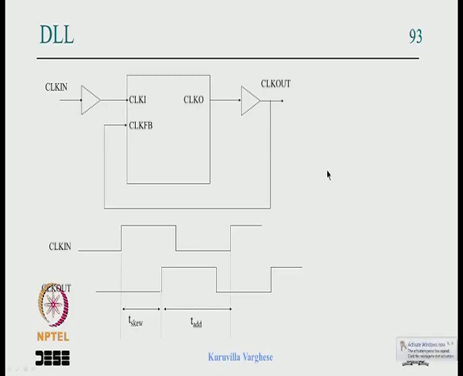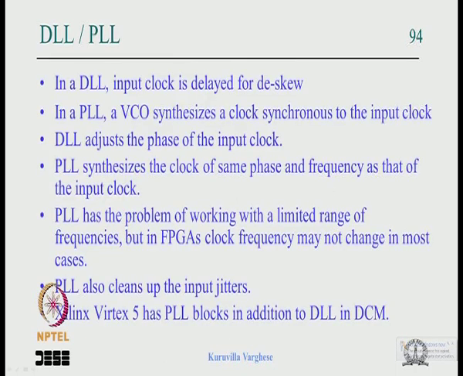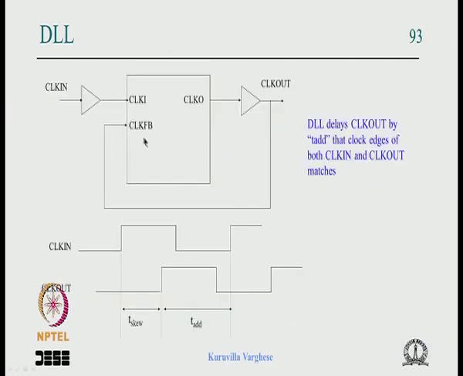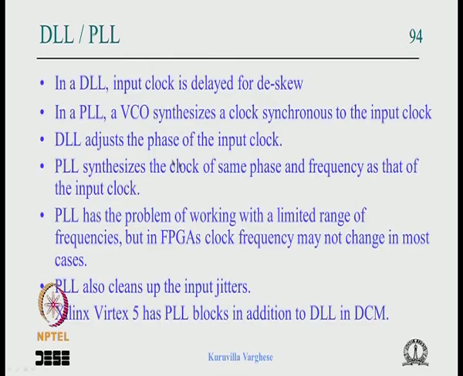In a DLL the input clock is delayed, but in a PLL you always find the phase difference between the input and output, and that is filtered and given to a voltage control oscillator to synthesize a clock which is synchronous to the input. So in a PLL the VCO, voltage control oscillator, synthesizes a new clock of the same phase and frequency as that of the input clock.